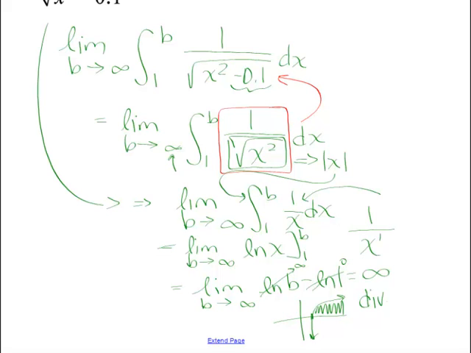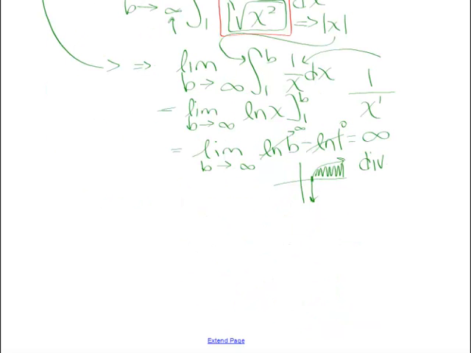That's where the whole direct comparison, limit comparison idea comes into play. They have asked me what this unknown function does concerning convergence and divergence. I have determined what this function does. It diverges. Now I have to do some comparison.